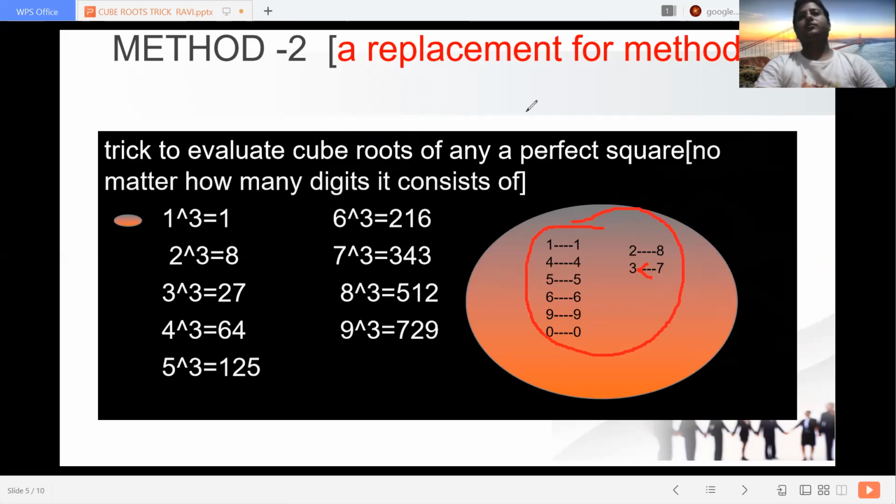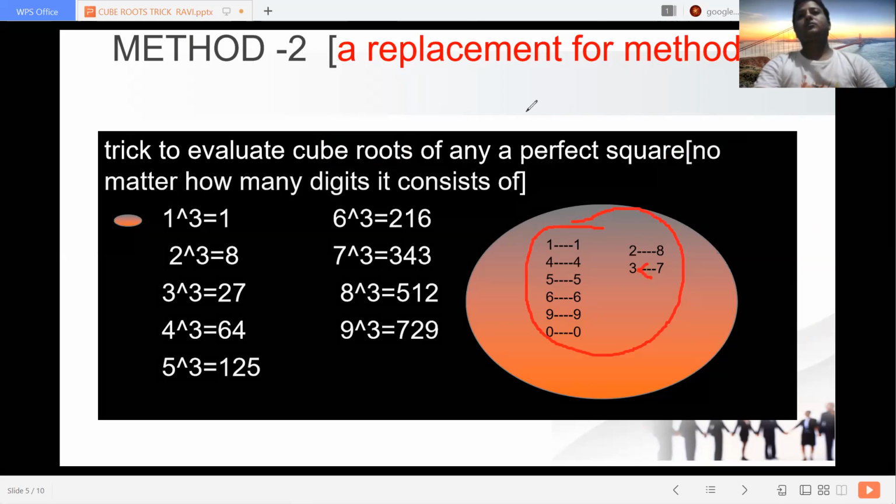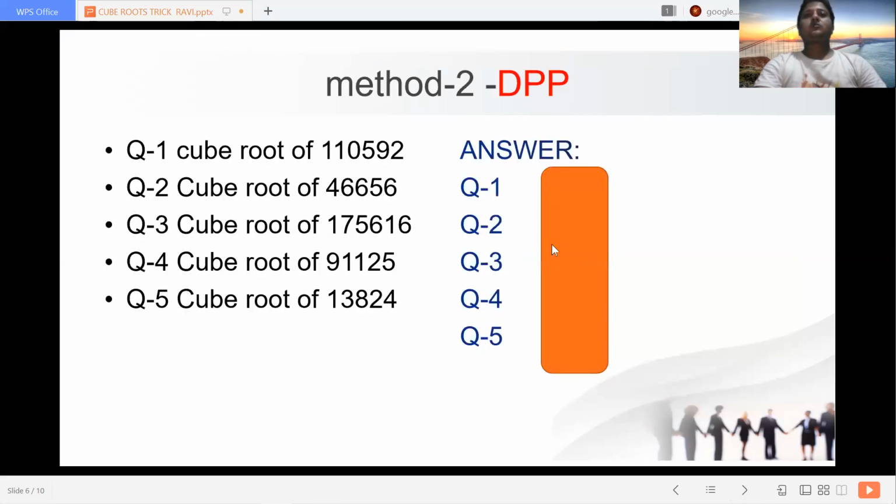Let's see. Suppose we have to find out cube root of this number. We know factorization method is a lengthy one. We have to see the last 3 digits. Last digit carries 2, and we know 8 cube generates 2.